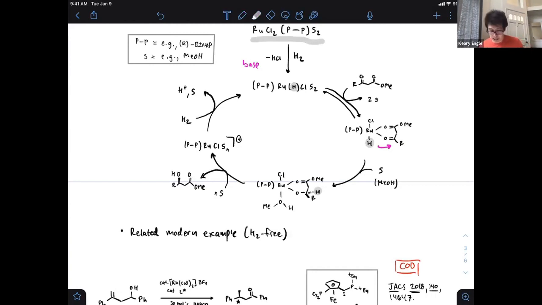You have a step where you will coordinate a solvent molecule, and here you can facilitate ligand exchange through intramolecular proton transfer. And then exchange off of the product for additional solvent molecules, followed by regeneration of the propagating monohydride.